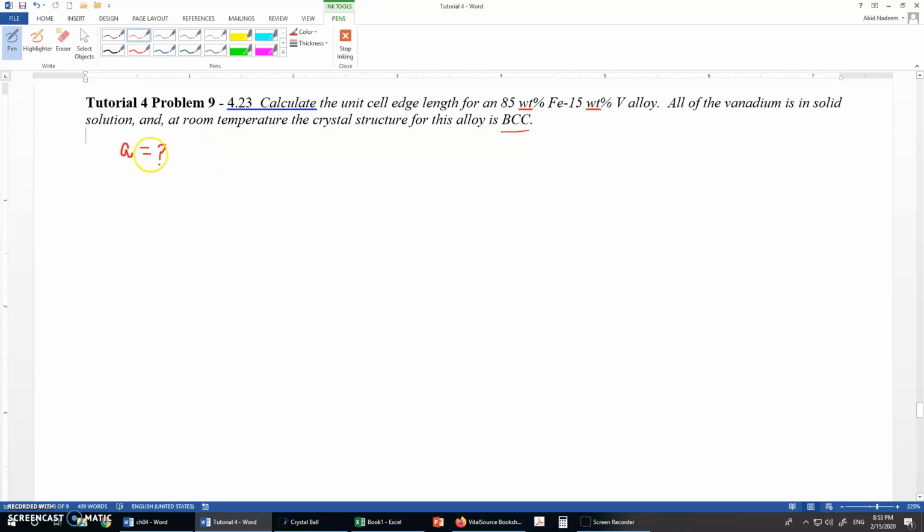This we have to find, but how can we find it? If we relate it with the data given, the weight concentrations are given.